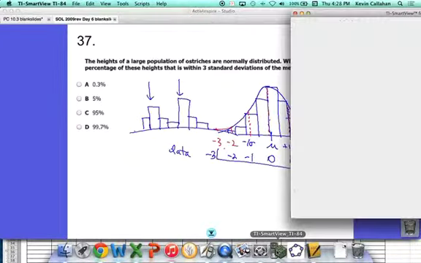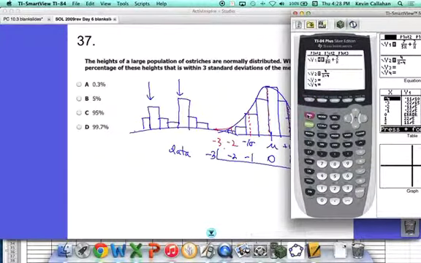And in your calculator, you're going to go second, quit, clear, second, and you go to the vars. What does it say above the vars? It says DISTR for distribution. And you notice the first 2 are normal PDF and normal CDF. We never use 1, normal PDF.